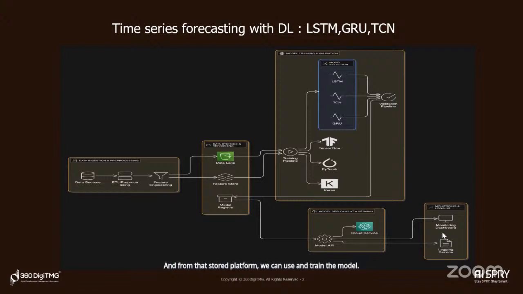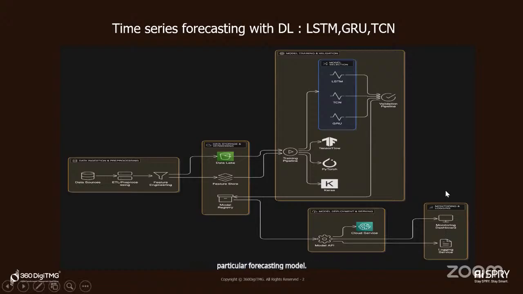Once the model is trained, validated, and versioned, we can serve that validated model using an API in the cloud. Then performance is continuously monitored and logs are maintained for continuous improvement. So this is the architecture diagram for this particular forecasting model.